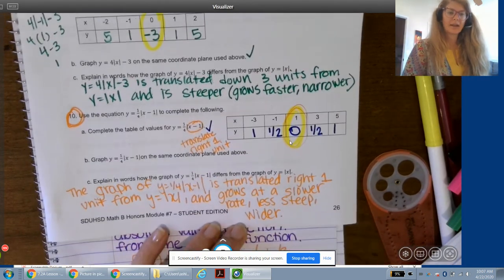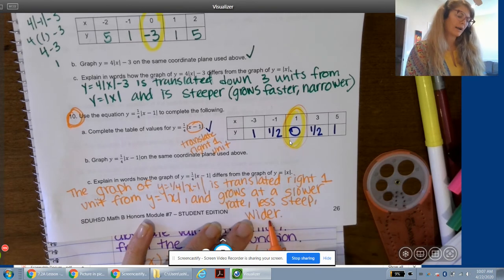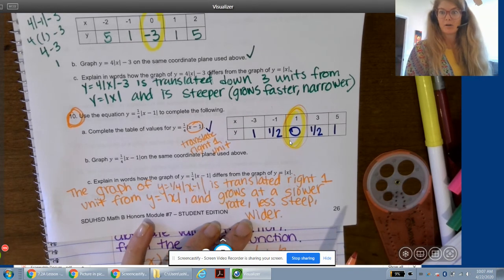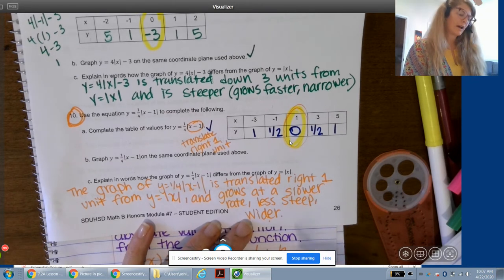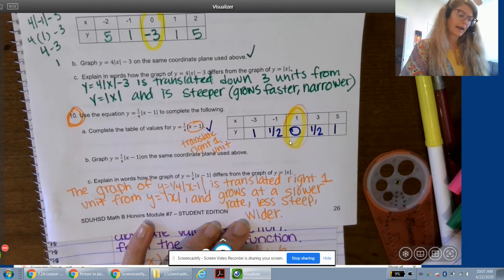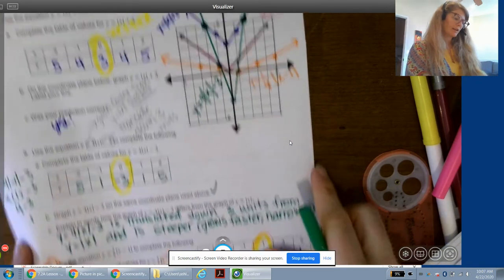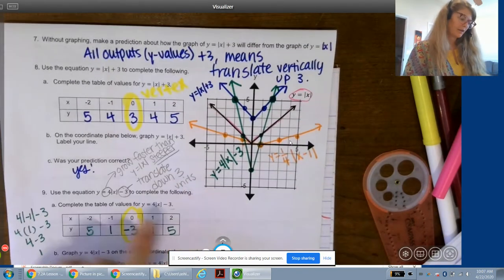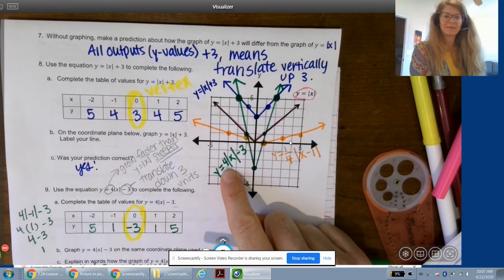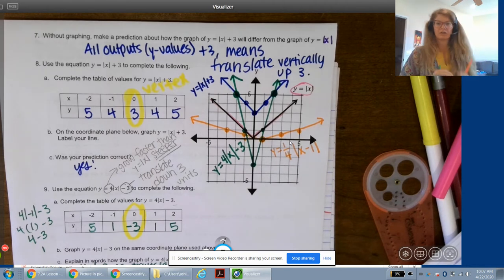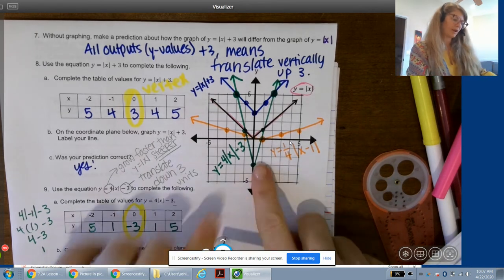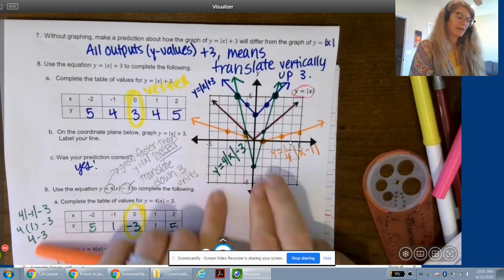When I've been thinking about wider graphs versus narrower graphs, I sometimes think about metabolism. If you have a super fast acting metabolism, like our green graph here, remember at 4, usually those people are a little more skinnier, right?